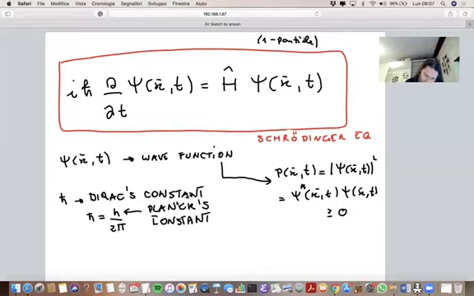So in this course, amazingly enough, we did not follow a historic path, which typically leads very soon to discuss what the Planck's constant is.